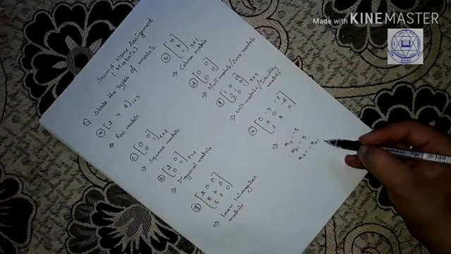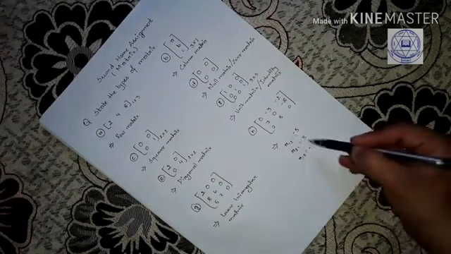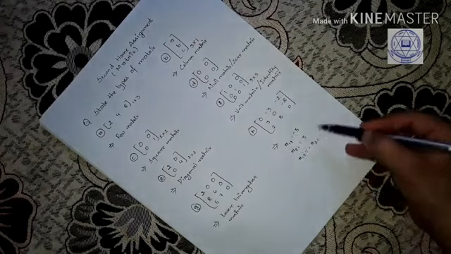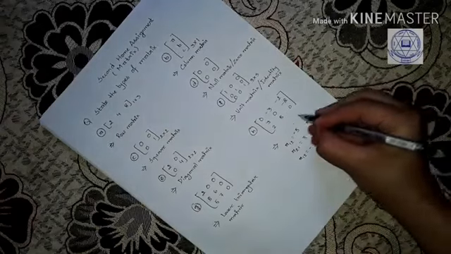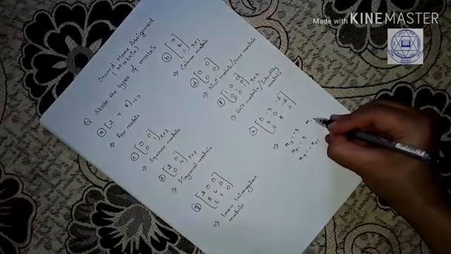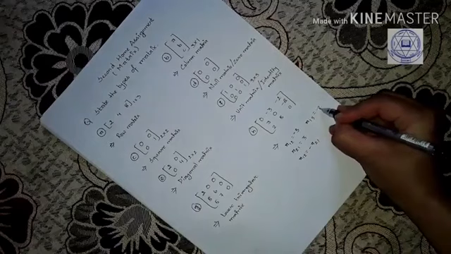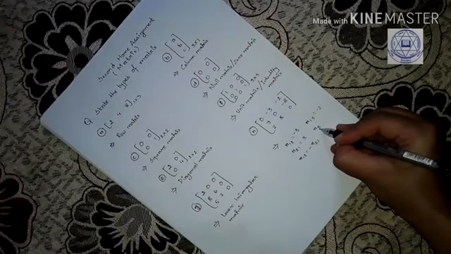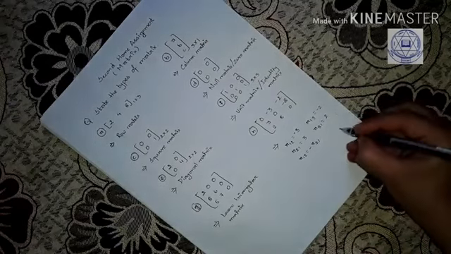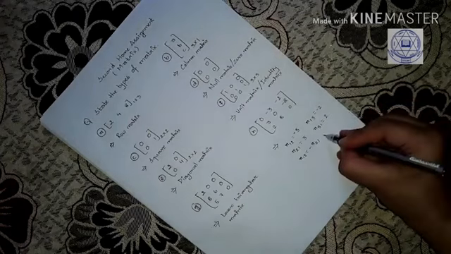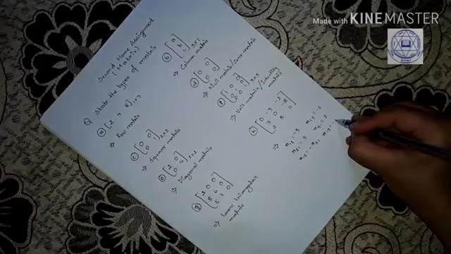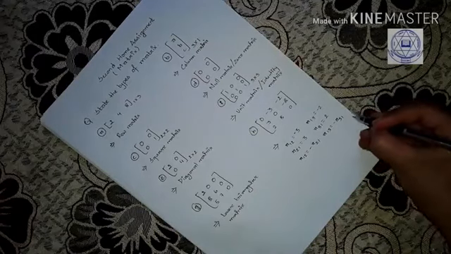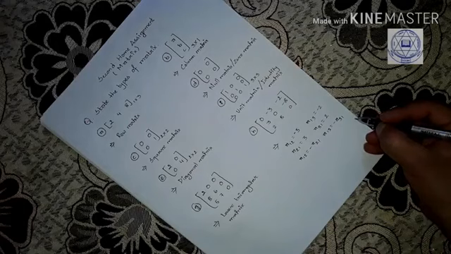Yes, skew symmetric matrix. This is not valid for only one element. For example, another part: A13 is equal to minus 2 and A31 is equal to 2. See here, A13 is equal to minus A31. Is it or not?